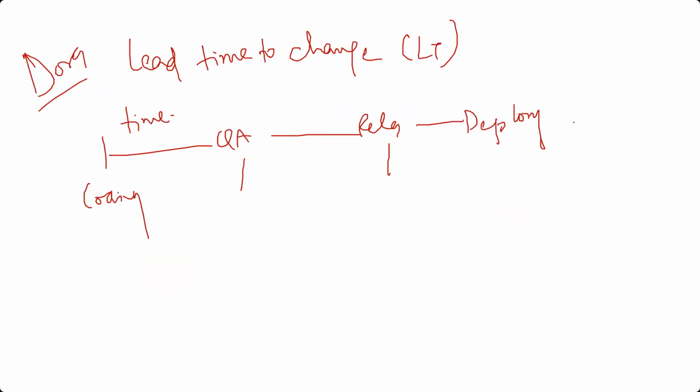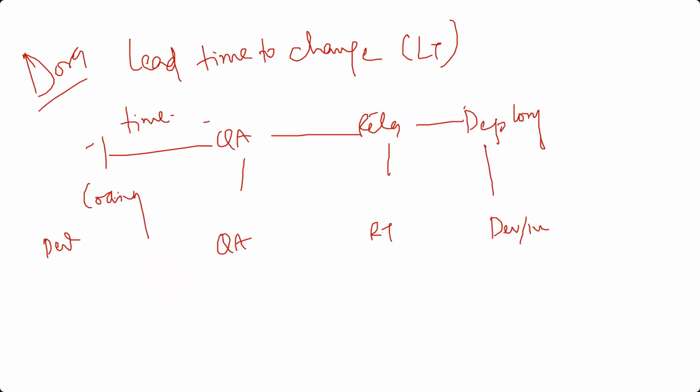It computes the time. Coding is done by the dev team, testing is done by QA, release is done by the release team, and deployment is done by DevOps or the implementation team. DevOps will facilitate environments for all these people.